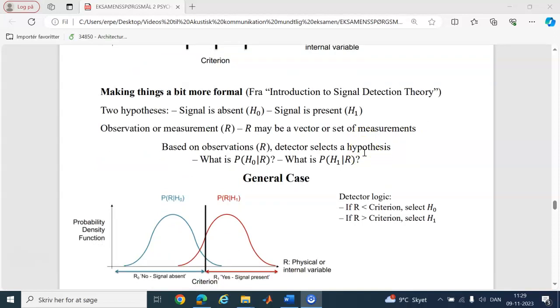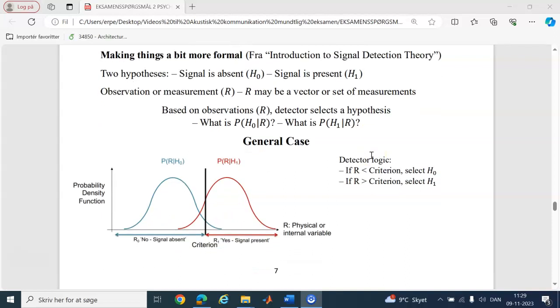The observation of measurements is called R. R can be a vector or a set of measurements. Based on the observations R, the detector selects a hypothesis. What is the probability of H0 if R has happened?